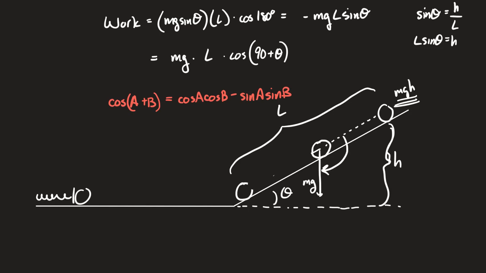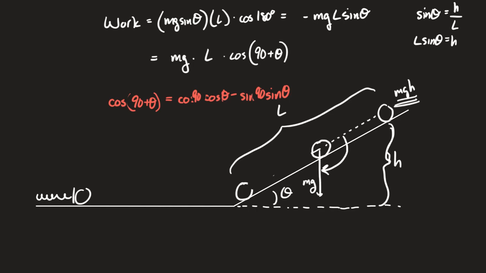Now, if you pay attention to this, this is cosine of 90 plus theta. Wherever I have an A, I've got to put 90. Wherever I have a B, I got to put theta. What's the cosine of 90? 0.